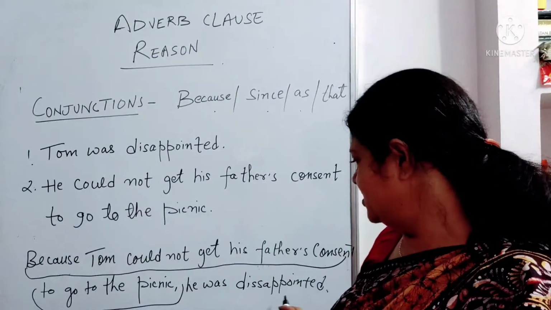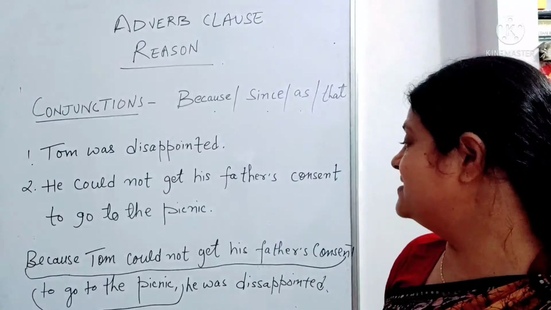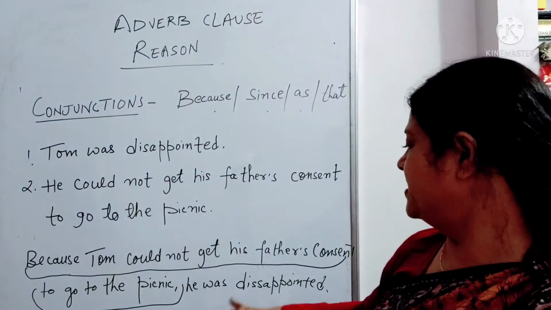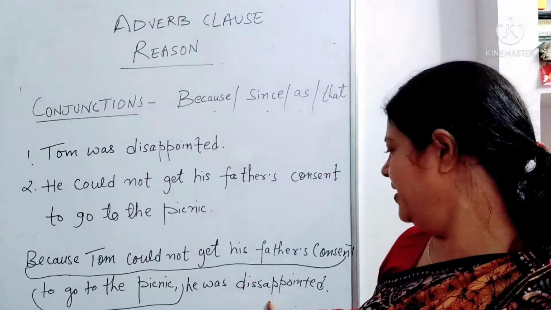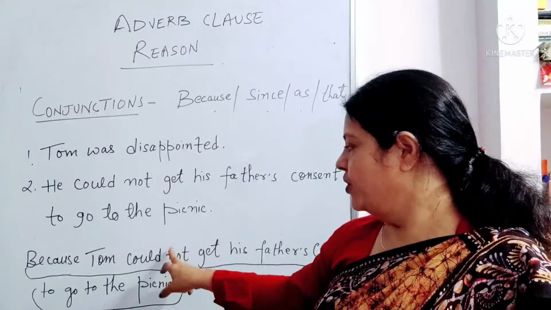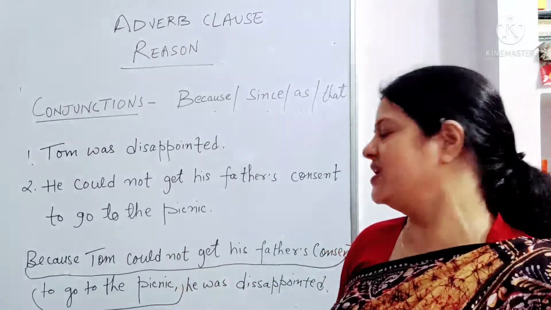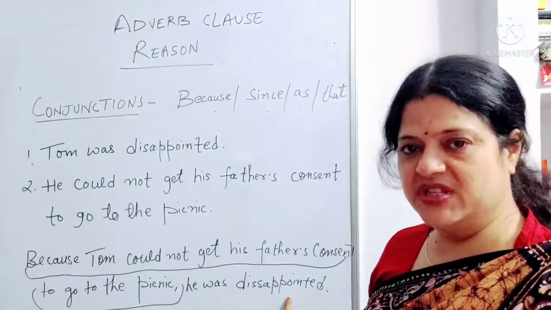And he was disappointed. This is the principal clause. So we see that in the principal clause we have this adjective, disappointed. The subordinating adverb clause is modifying this adjective in the principal clause.